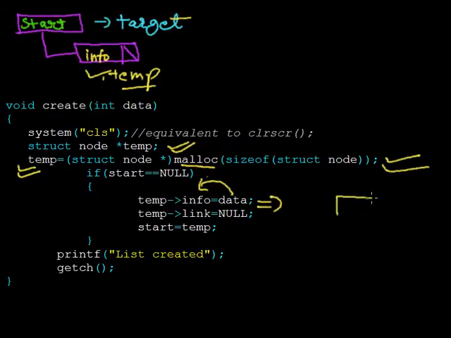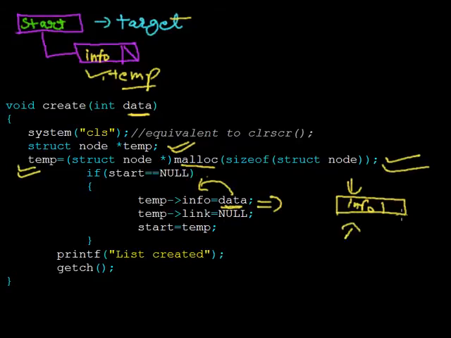Means we have an info part in our temp node. We will copy the data which we have received from the user into this node. So the data is copied to the info part of the node.